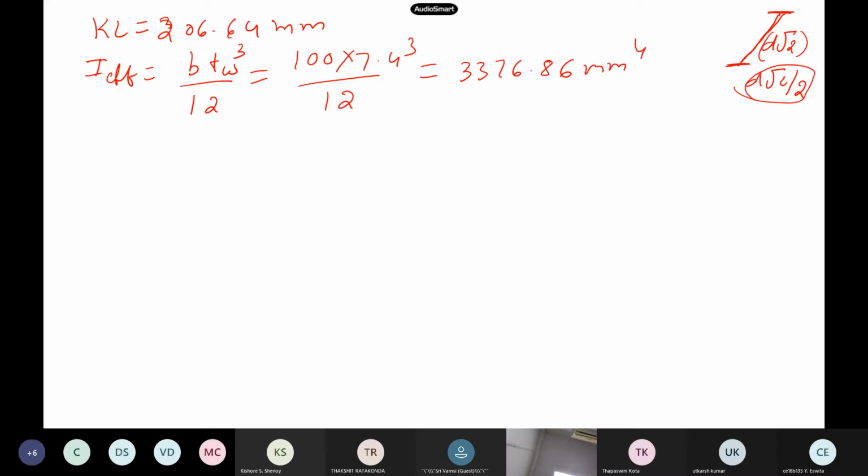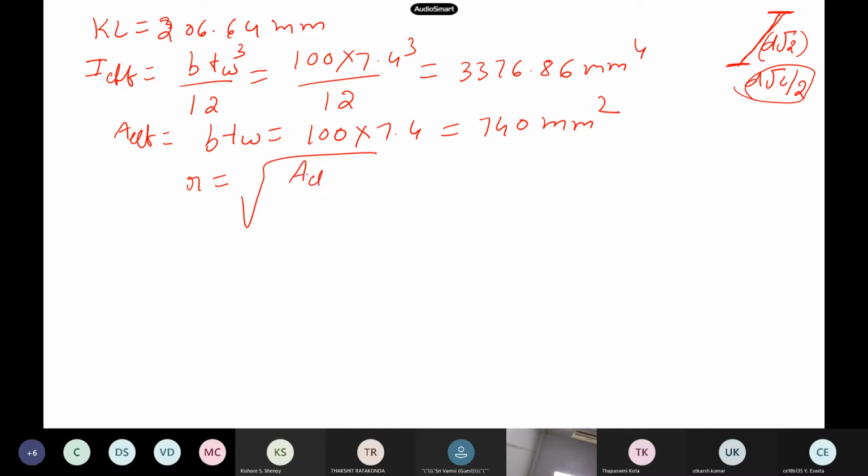The effective area of the web near the junction is b times tw, so 100 into 7.4, which is 740 mm square. Now you find out the radius of gyration, that is I effective by A effective, and this turns out to be 2.136 mm.